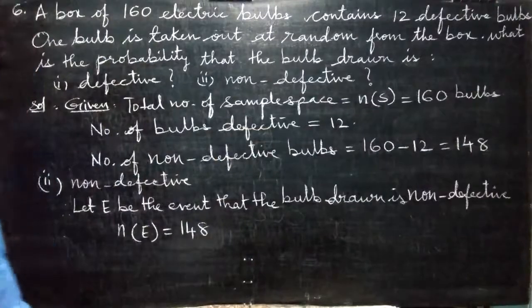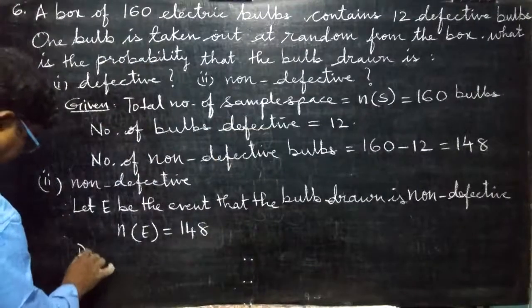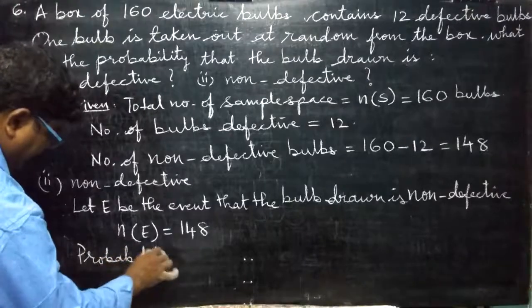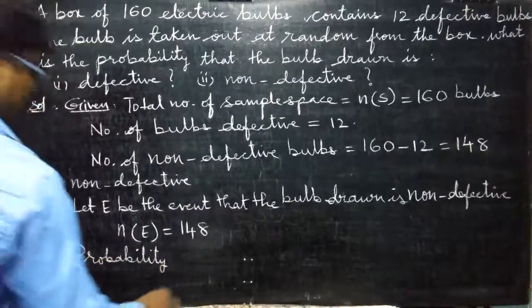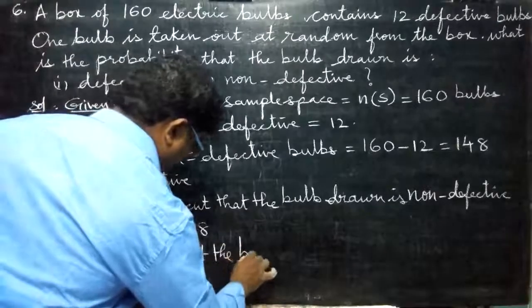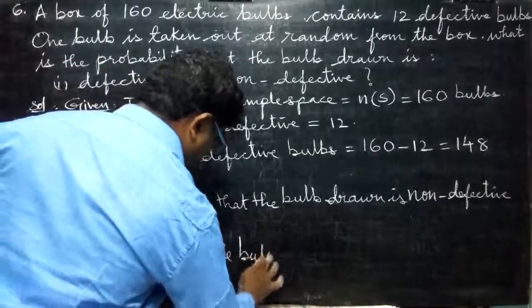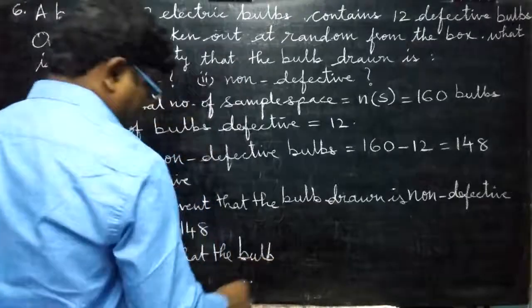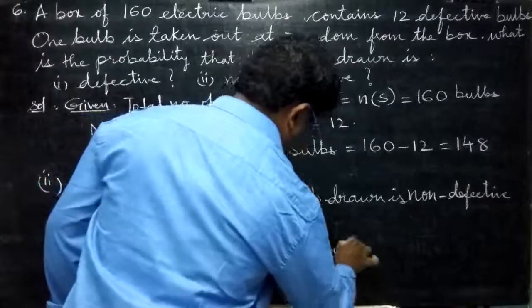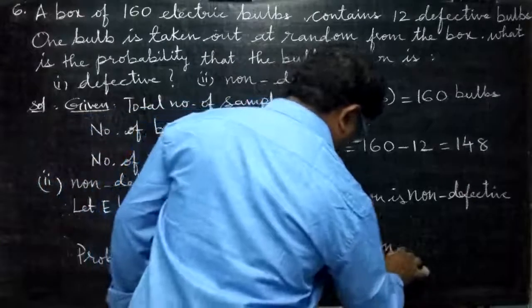Now probability that the bulb drawn is non-defective.